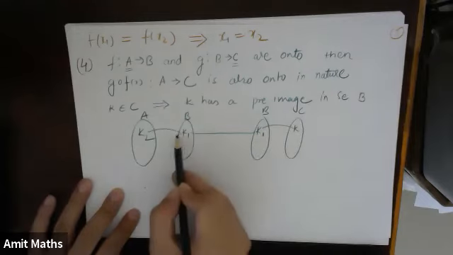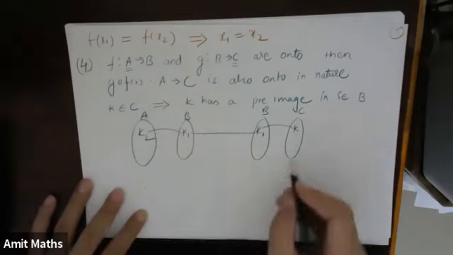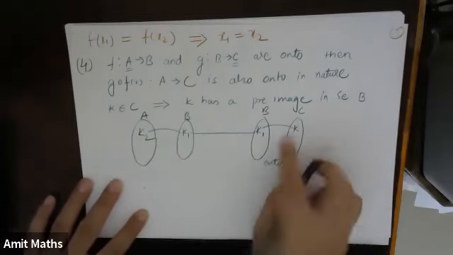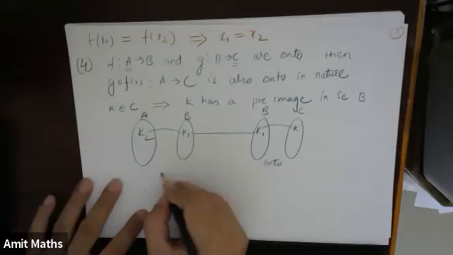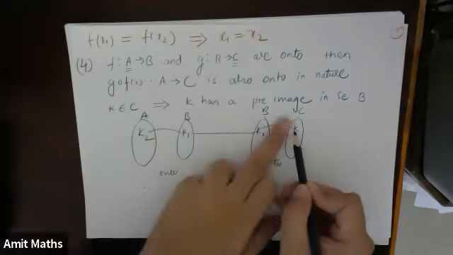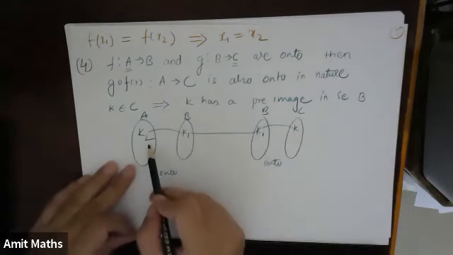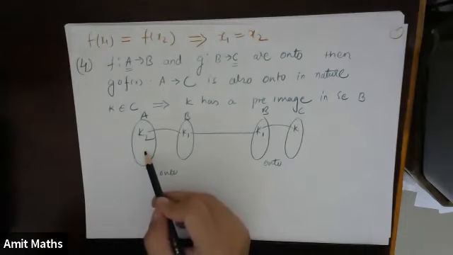Now K1 will always have a pre-image in A again because it is onto. Hence, every K in set C of g of f will always have a pre-image in set A of g of f. Understood?